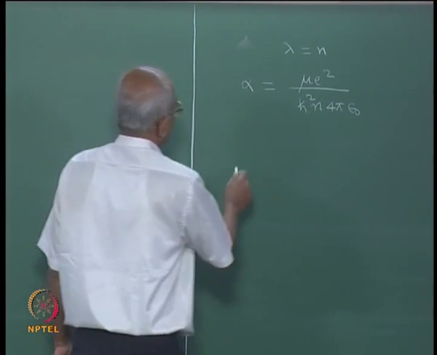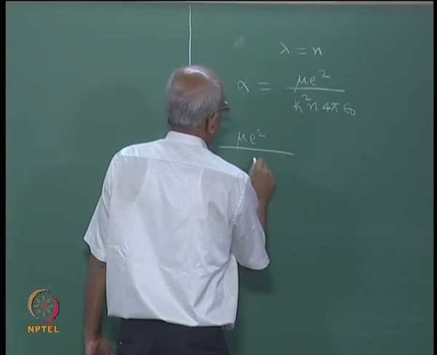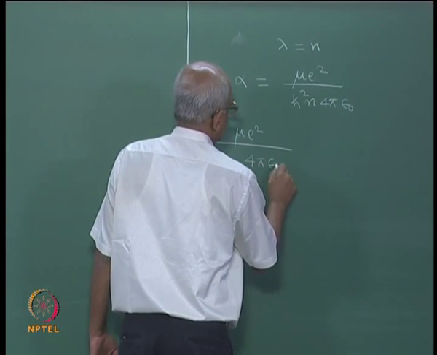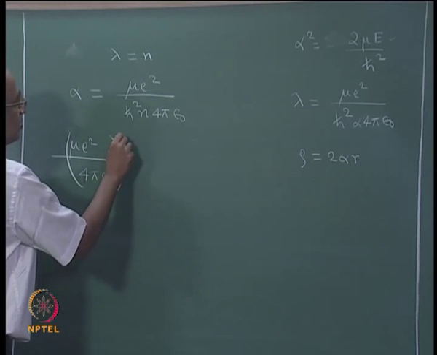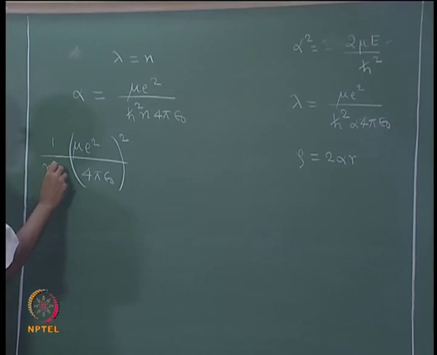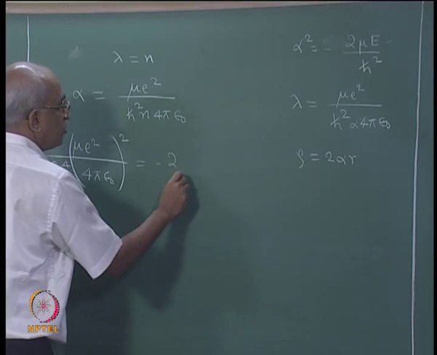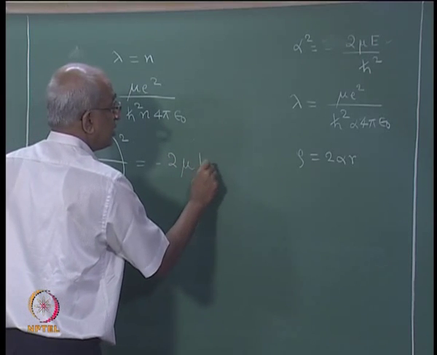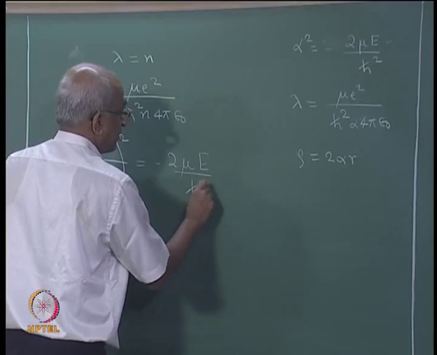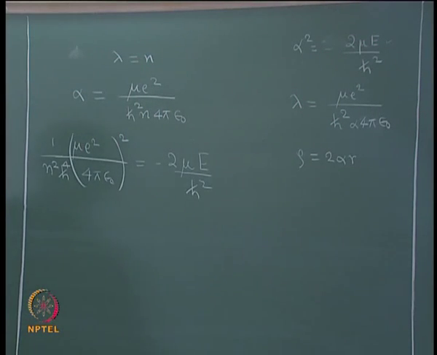So, alpha square I can easily calculate, it is going to be mu e square divided by 4 pi epsilon 0 the whole square, 1 divided by n square h cross to the power of 4, and that should be equal to minus 2 mu E divided by h cross square, because alpha square must be equal to minus 2 mu E by h cross square. So, you can rearrange this, what will be the expression for E?